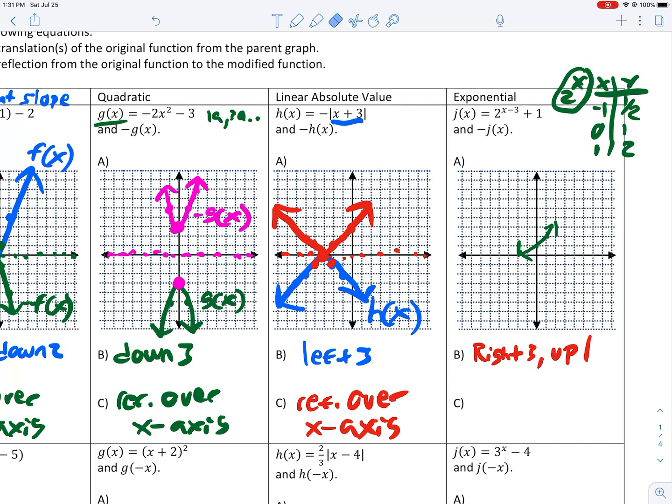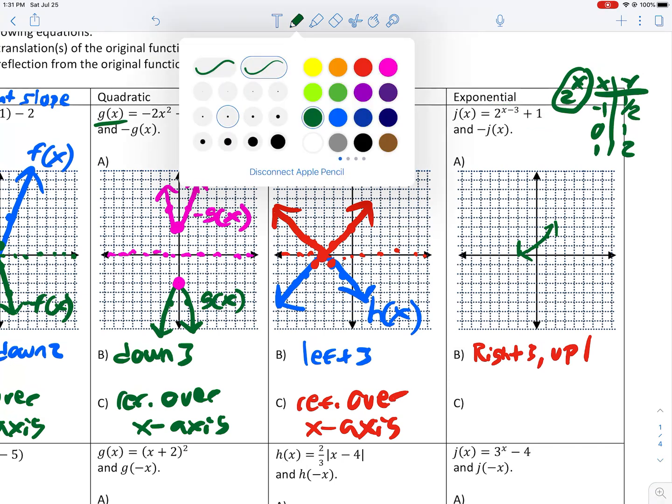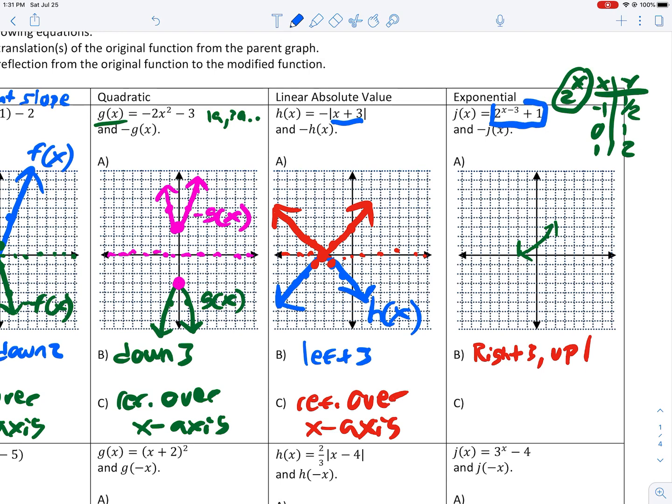So in order to graph this j of x, this function I want here, all I'm going to do is take these 3 points here that are blue and I'm going to translate them. So right 3, 1, 2, 3, and up 1. And there we go. So now, right, I'm going to erase this one here.